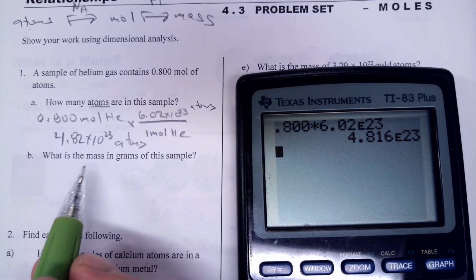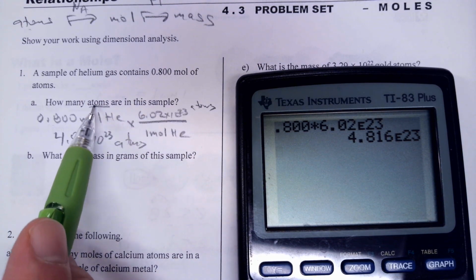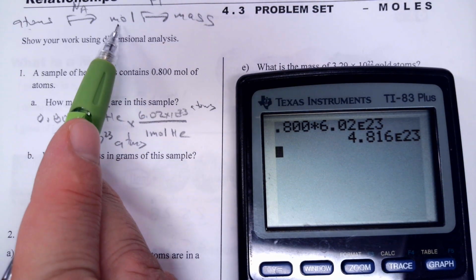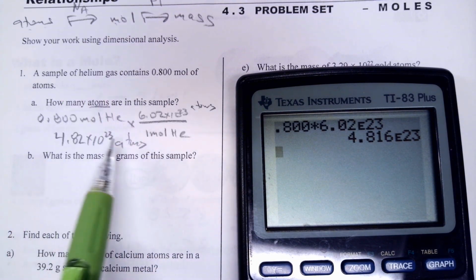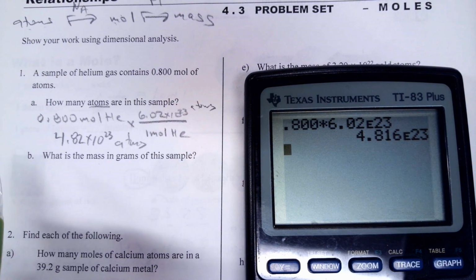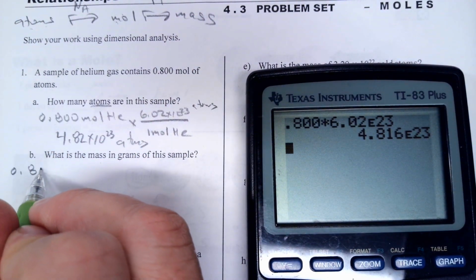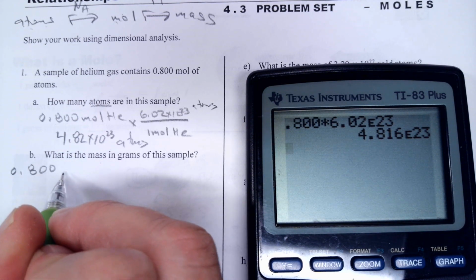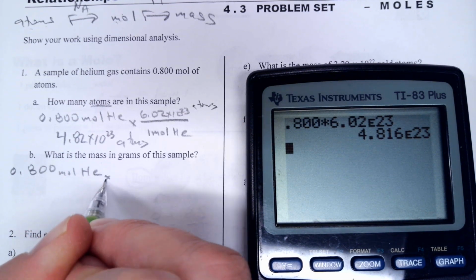Let's then say, okay, what is the mass of this? We've taken how many atoms come from moles. We're now going to say what's the mass that comes from the exact same amount of moles. So we could just put 0.80, and that's moles of helium, still the same thing.